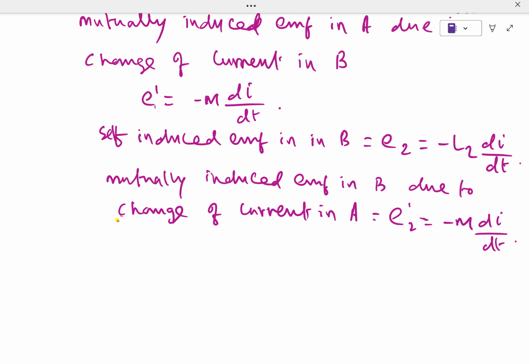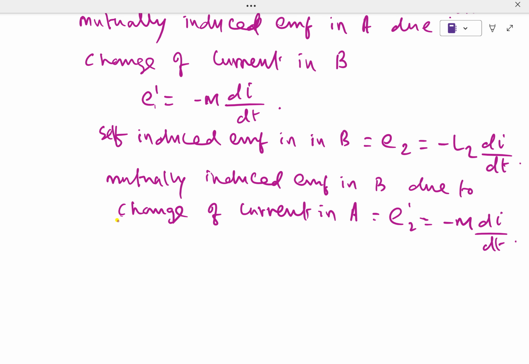Look at these given things. Here all are minus signs because both self and mutual inductance EMFs are opposing in nature to the applied EMF.